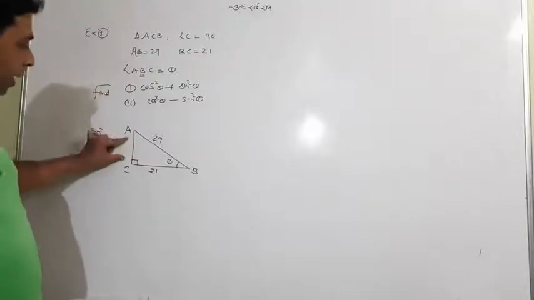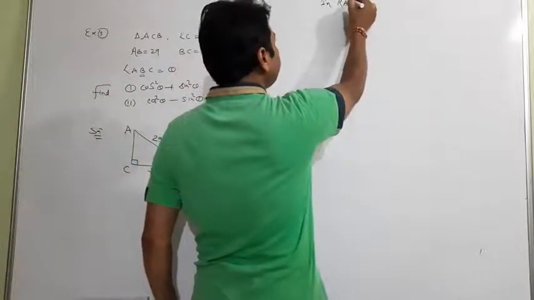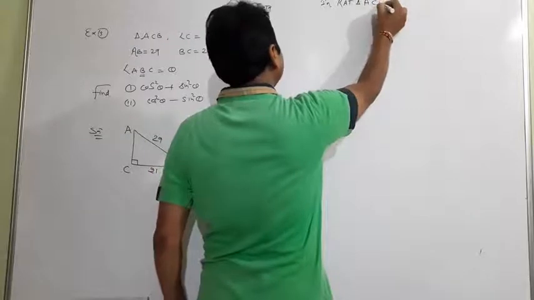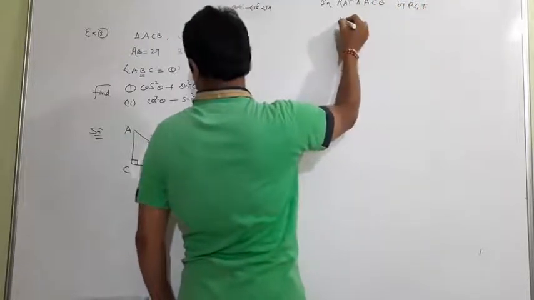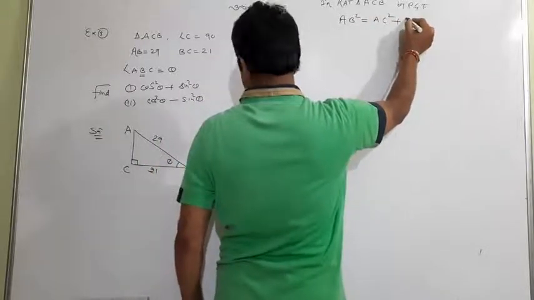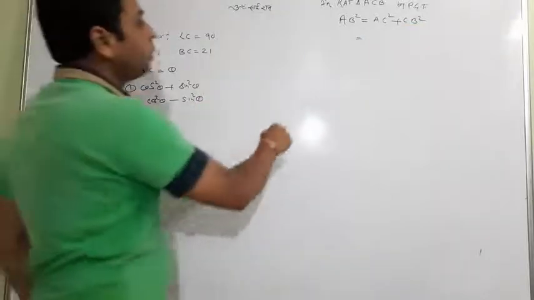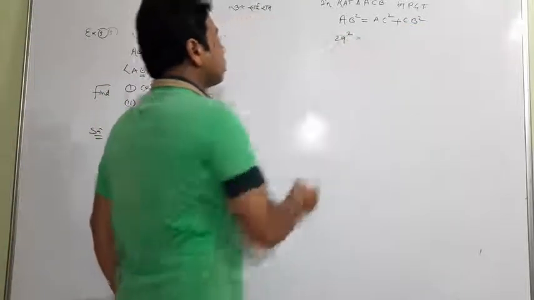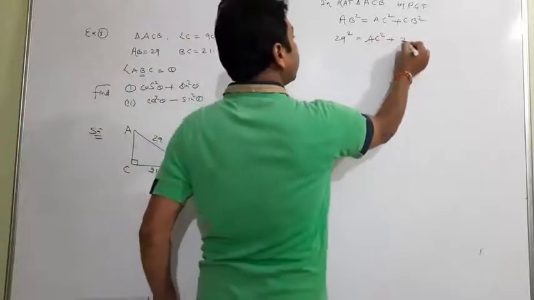So we try to find AC, in right angle triangle ACB, by Pythagoras theorem. PGT in short I am writing: hypotenuse square equal to perpendicular square plus base square. Now what is AB square? AB is 29, so 29 square. AC is unknown, plus 21 square.